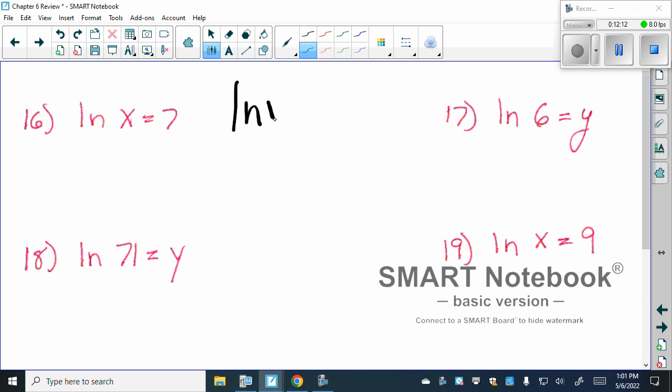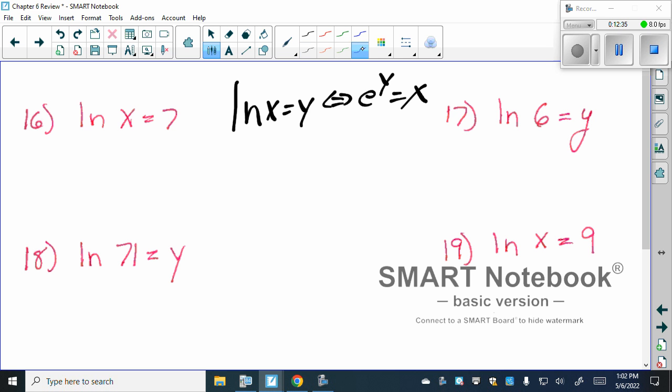Guys, ln of x equals y if and only if e to the y is equal to x. So this was the other one that we had. We're switching it from exponential to logarithmic, or logarithmic to exponential.